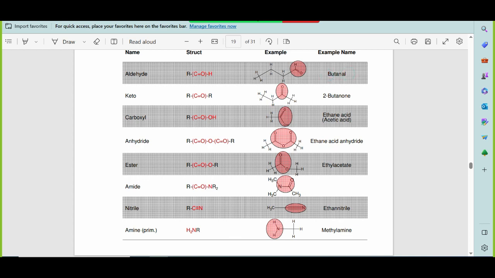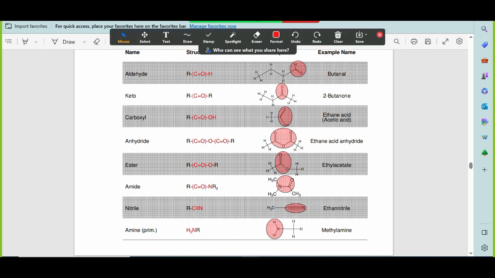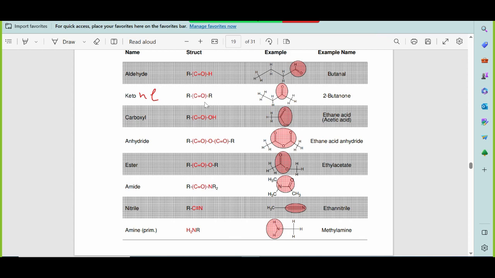Now, when you have this, you replace the H with a radical. So instead of being at the end, this carbonyl group is now in the middle between two hydrocarbons. It becomes a ketone. Now, the carbonyl group I told you about, when it is characterizing a ketone, so it's just in the middle, in between two different radicals, it's called a keto.